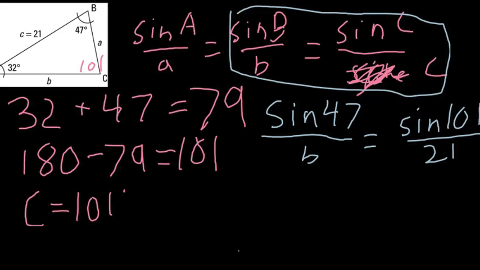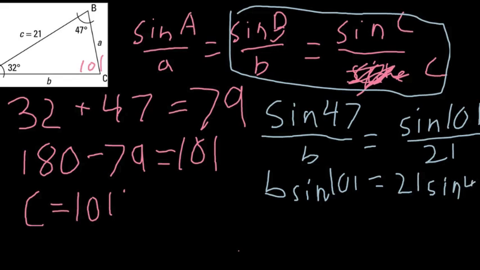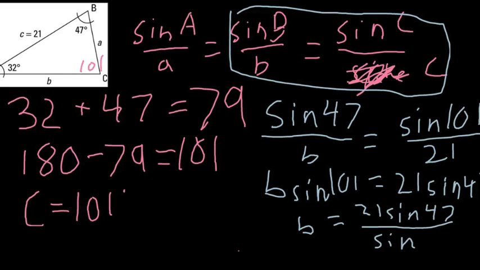We can then cross multiply to get B sine 101 is equal to 21 sine 47. We can then divide both sides by sine 101 to get B equals 21 sine 47 divided by sine 101.